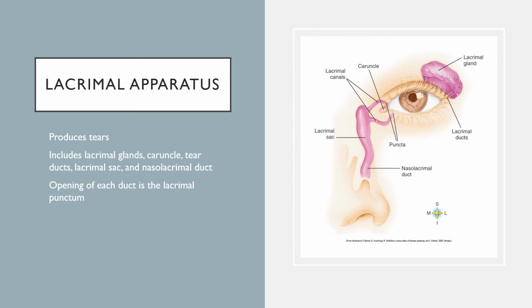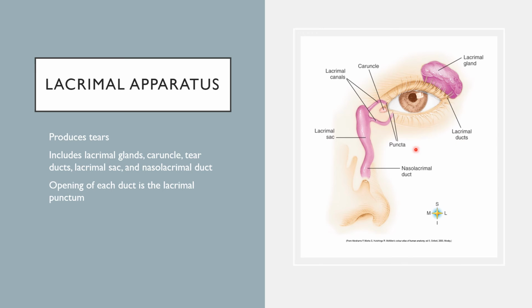Okay, we have the lacrimal apparatus, or our tear ducts. Okay, this is the apparatus that's going to produce our tears. It includes a few different things: lacrimal glands, the caruncle, tear ducts, lacrimal sac, and the nasolacrimal duct. The opening of each duct is referred to as the lacrimal punctum.